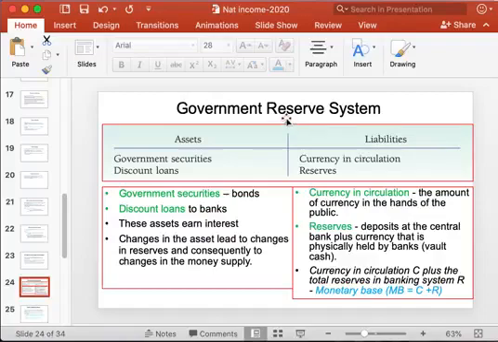So in case of government reserve, the assets are nothing but the government securities like the bonds, for example, treasury bond.